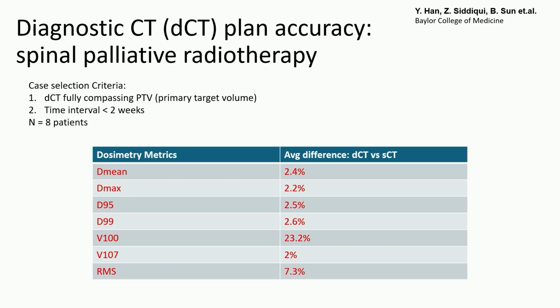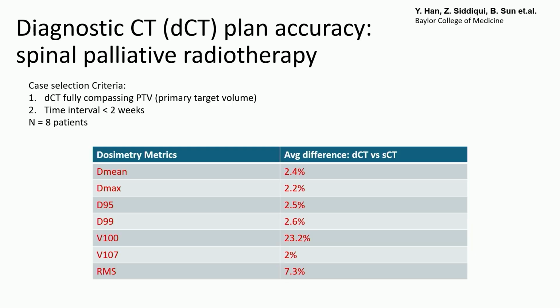Based on the visualizations, we also extracted the dosimetry metrics to compare the difference between the diagnostic CT and the simulation CT plans. The dosimetry metrics measure how much radiation a patient received and how it distributes.